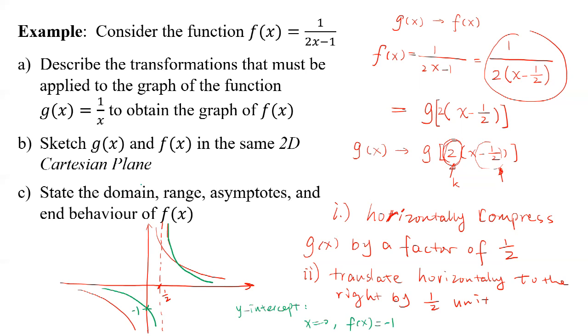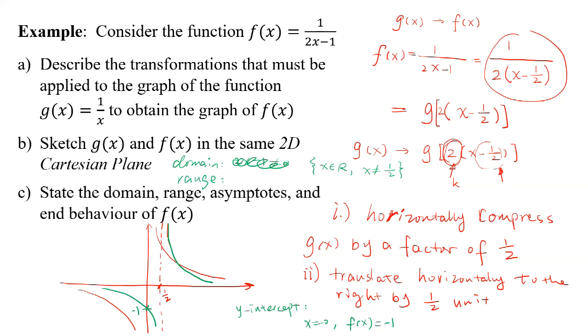All right, next, the domain. The domain is x can be any real number except the number that makes 2x minus 1 being 0, right? So 2x minus 1 cannot be 0. That means the domain is x belongs to the real number set, but x cannot be 1 over 2, right? Okay, the range.